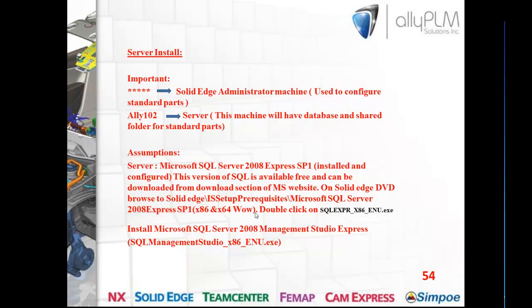You can just browse to this location and install it. Now, if you need any information on the installation, like how this is going to be configured, you can just email us with the name of your company, and we'll email you the document with the recommended SQL server settings.